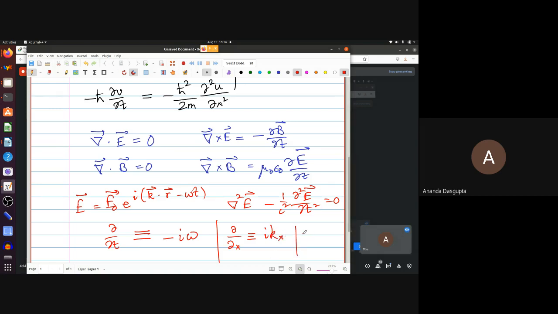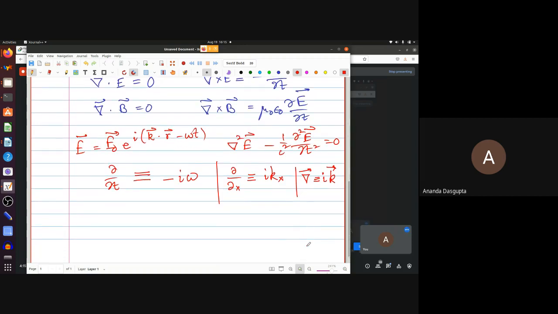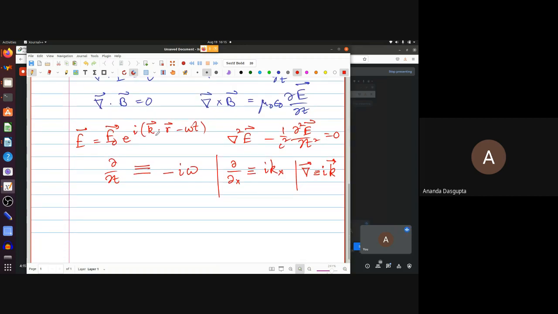You can easily check that when you do gradient, or apply the del operator, that's essentially the same as multiplication by I times the vector k. And Laplacian simply is doing this twice, so calculating the Laplacian of this is the same as multiplication by minus k square, that is minus k vector magnitude square.